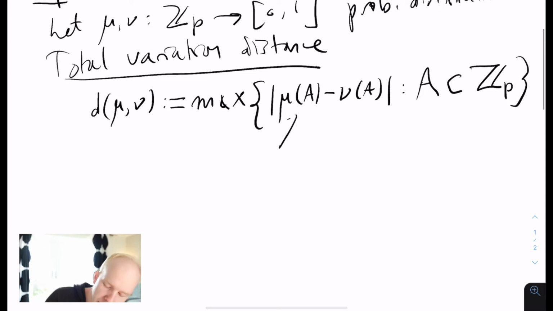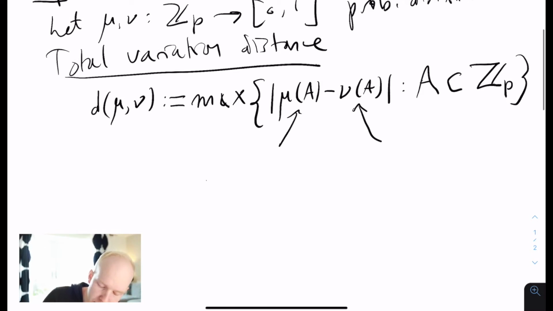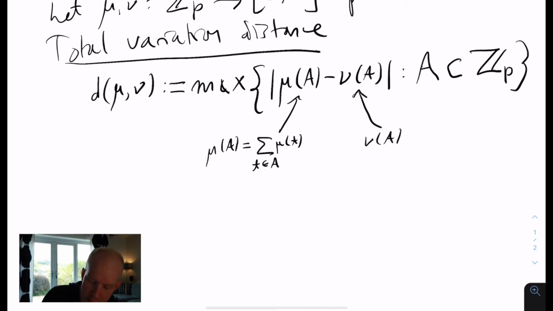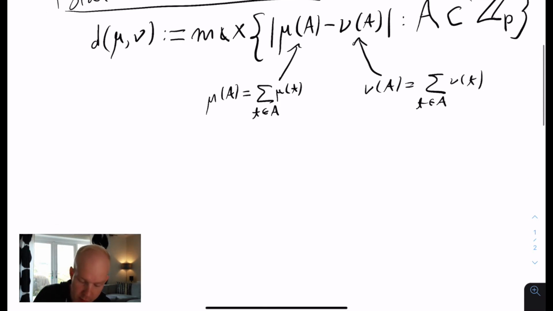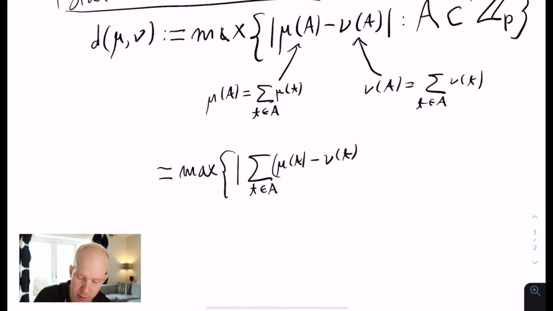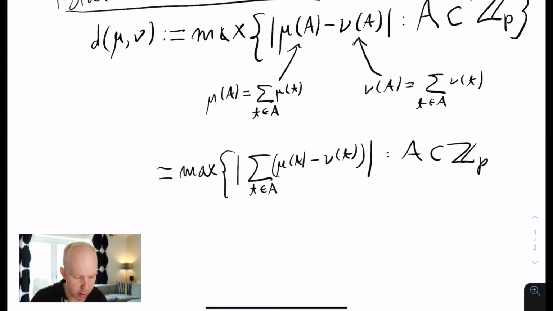And if you remember from the previous lectures, mu(A) is just the sum over the elements t in A of the point masses mu(t), and nu(A) is the same, the summation over t in A of nu(t). So if you want, using the definition, you could write this in the form where you take the absolute value, and when you take the sum to the same side, you can write this as the sum of mu(t) minus nu(t), with t in Z_p. So that's the definition that we use in this course.